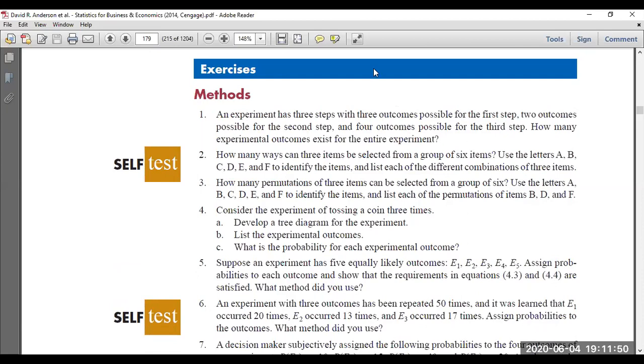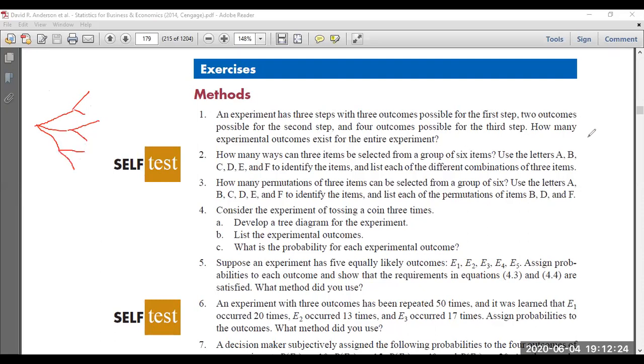You can do it either using the total outcomes, or you can do it using the tree diagram. So 3 steps, 3 outcomes for the first step. You can say outcome 1, outcome 2, outcome 3, and 2 for the second. That's 2 for the second from each of the previous branches.